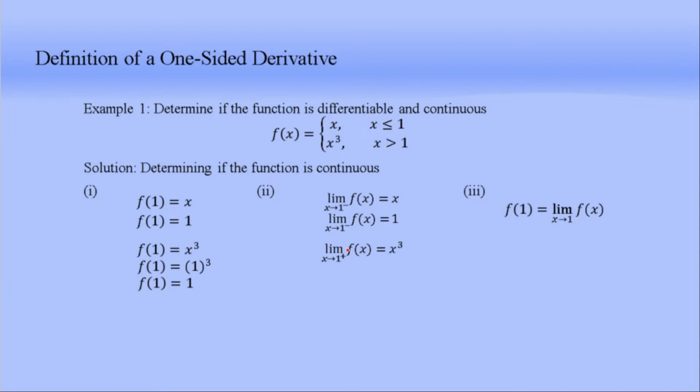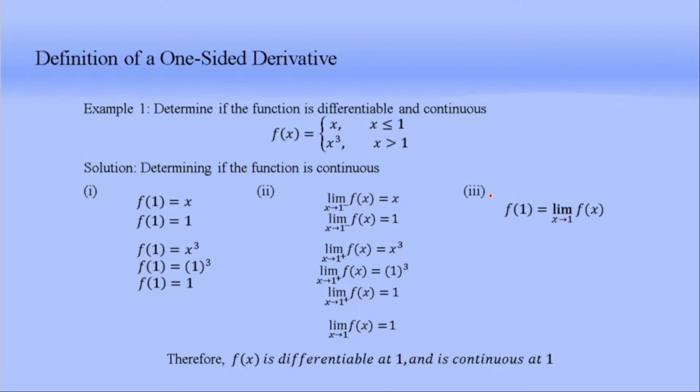And now the limit of f of x as x approaches 1 from the right, we're going to use the second function as stated here in the condition. Substitute x with 1, x cubed is 1, so the limit of f of x as x approaches 1 from the right is 1. And so we can conclude that the limit of f of x as x approaches 1 is 1.